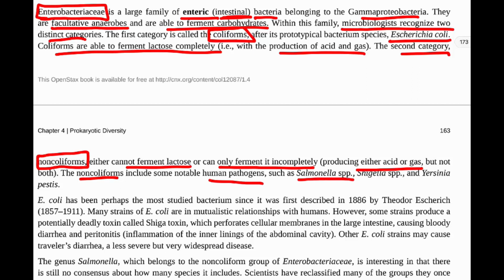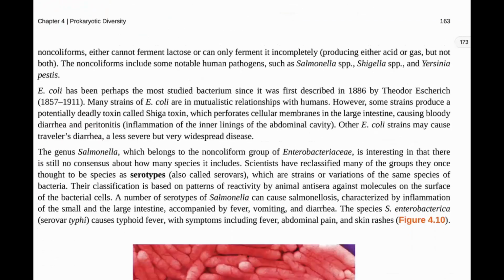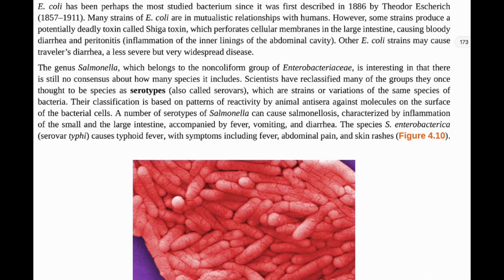So E. coli has been perhaps the most studied bacterium. We hear a lot about E. coli. Since it was first described in 1886 by Theodor Escherich, many strains of E. coli are in mutualistic relationships with humans. Oftentimes when we think of E. coli, we think of the ones that make people sick.